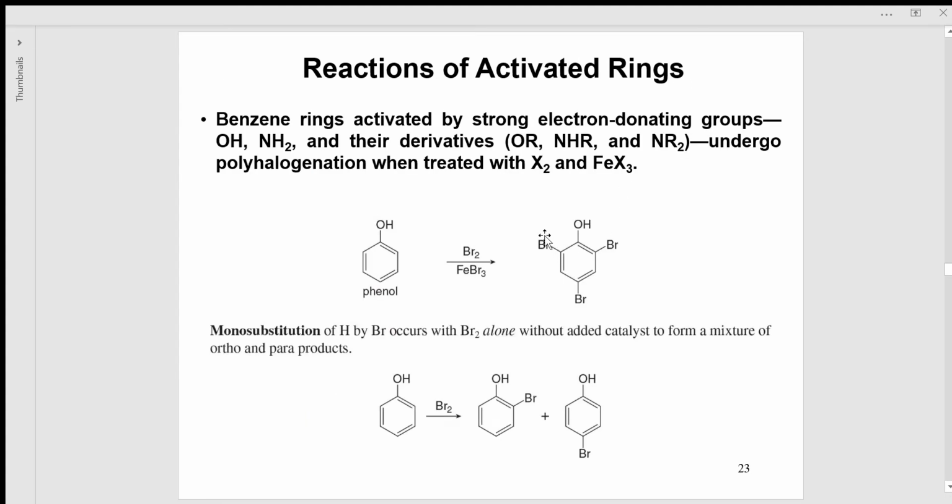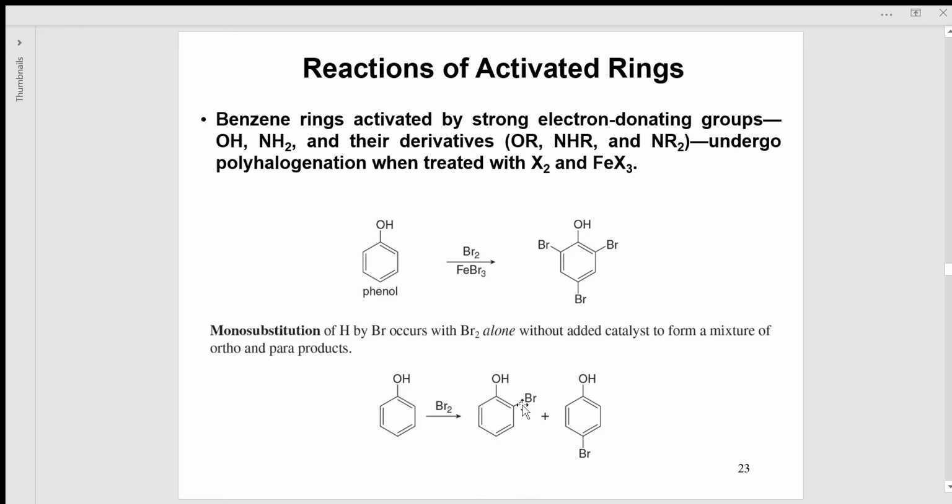See here, ortho, para substituted product. Without catalyst, there is only one, because without catalyst, the reactivity of this bromination reaction decreases. So only one hydrogen on the benzene ring is substituted by bromine.